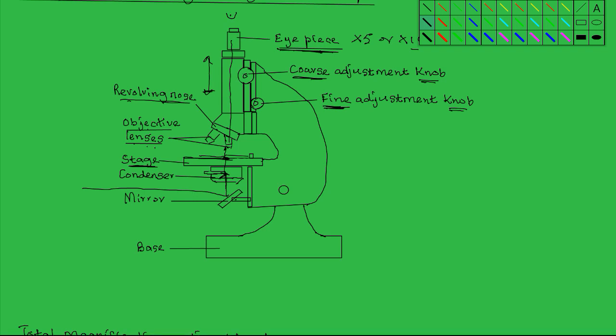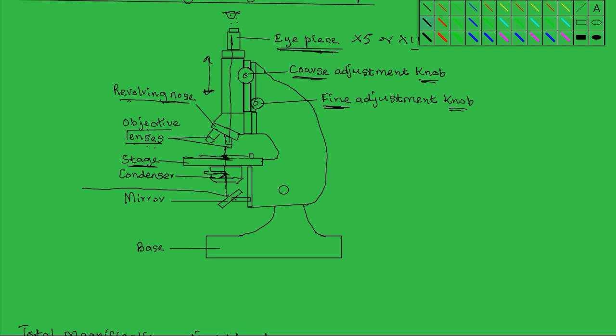So eventually, when observing at this point here, the image that will be observed will be several times larger than the object at the stage.